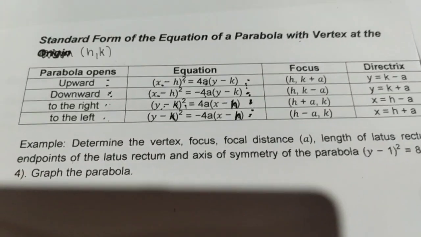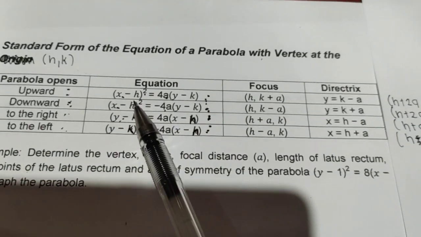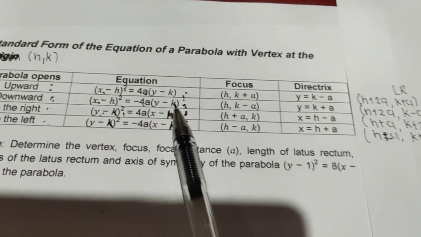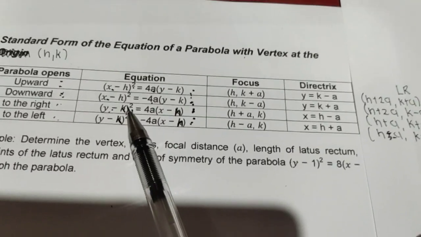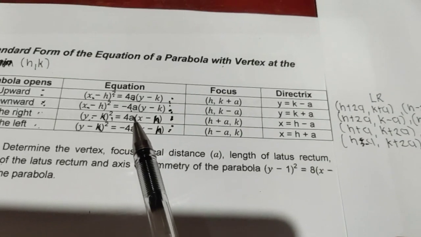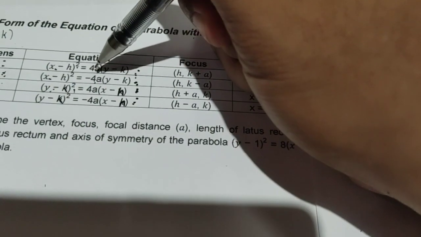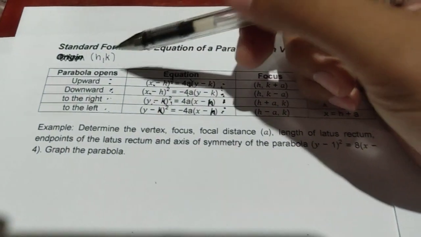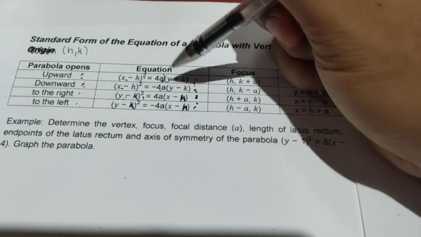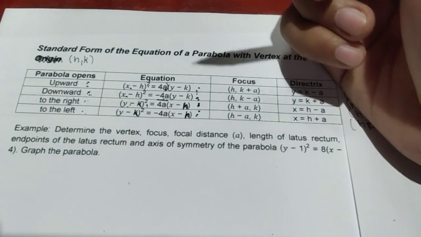So here, if the parabola has an equation of (x minus h) squared equals 4a times (y minus k), or (x minus h) squared equals negative 4a times (y minus k), then it either opens upward or downward. Since we have here positive 4a, the parabola opens upward. But if we have negative 4a, then the parabola opens downward.